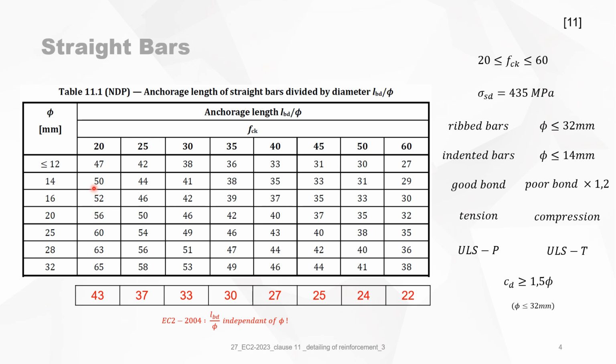In the code version 2023, it's dependent on the diameter, but what we are using today is not. Also, when you look at fck 30, you will see that in the code of 2023 the anchorage length varies from 38 up to 53 times the diameter. But in the version of 2004, it's only 33 times the diameter. So the difference is huge between those numbers.